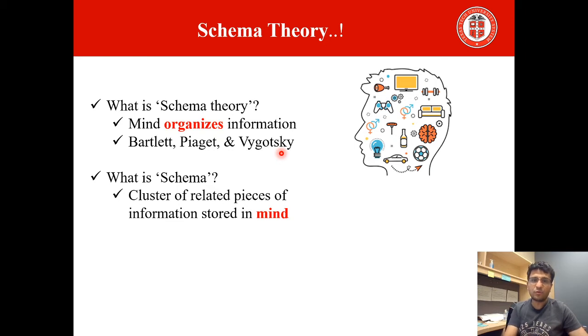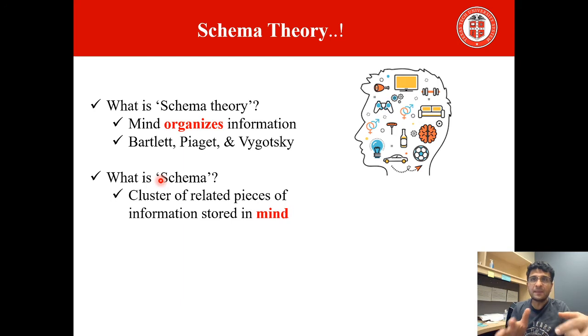As I have pointed out in the beginning, schema is basically a collection or a cluster of similar pieces of information in the brain. And I have used the wrong term, brain. It has to be mind, because brain is most of the time an organic organ which has all kinds of biological components, for example, neurons, neural connections, neurotransmitters, which can be defined very clearly.